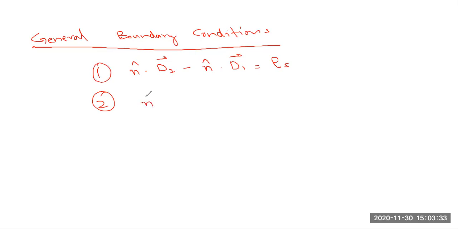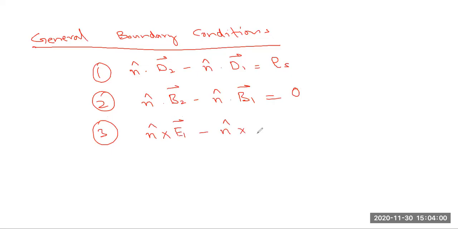Second one is n dot B2 minus n dot B1 is equal to 0. Third one was n cross E1 minus n cross E2 is equal to 0.